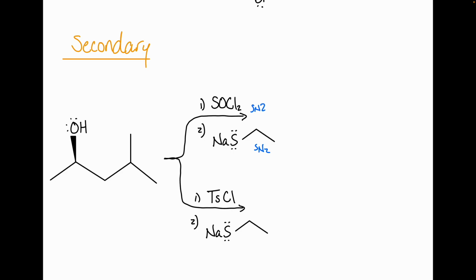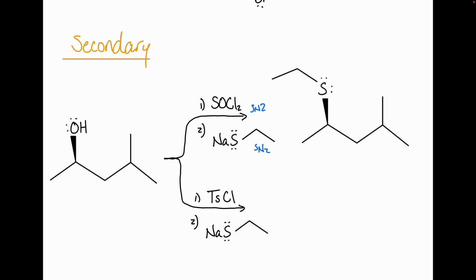So in the first step, my wedged bond would be flipped to a dash bond, and then in my second step, it would be flipped back to a wedged bond. So after I do this particular sequence of reactions, I would be left with this stereospecific product, where that sulfur is coming out of the page. We invert and then invert again.